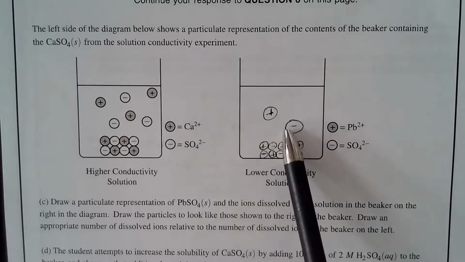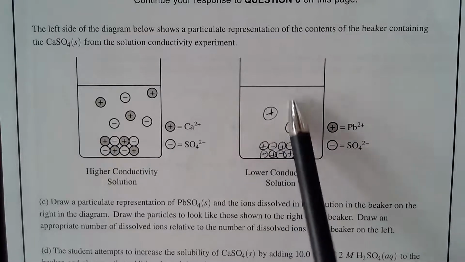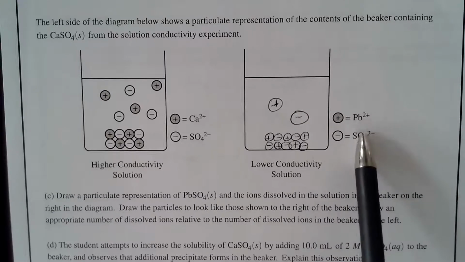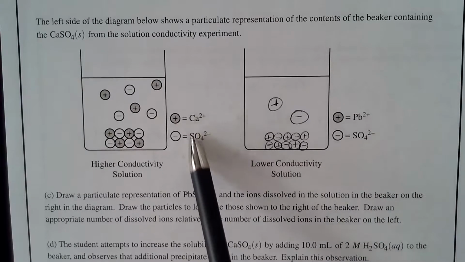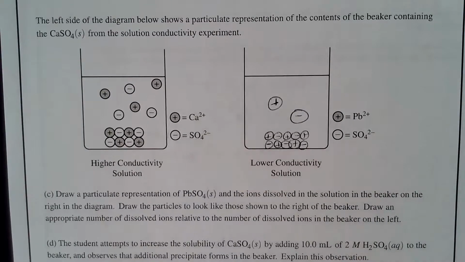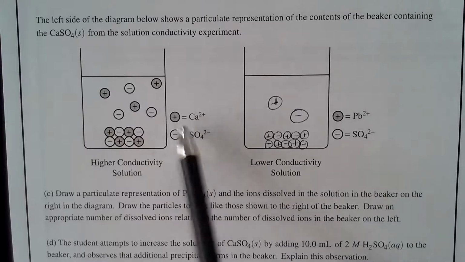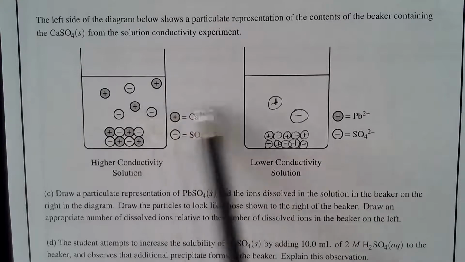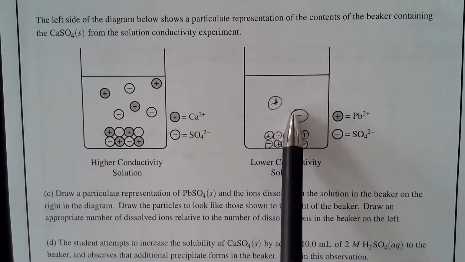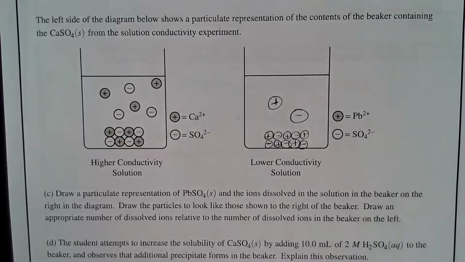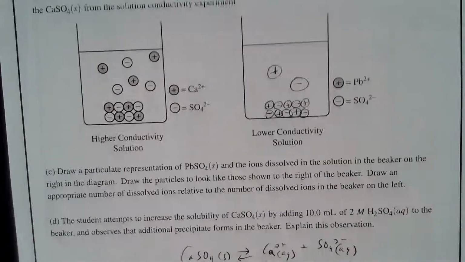Could you get credit for 2 pluses and 2 minuses, meaning 2 of the leads broke up versus 3 of the calciums? They would probably give you credit for that. As long as it wasn't 3 of the pluses and 3 of the minuses, then they would not give you credit for that. So just kind of keep that in mind.